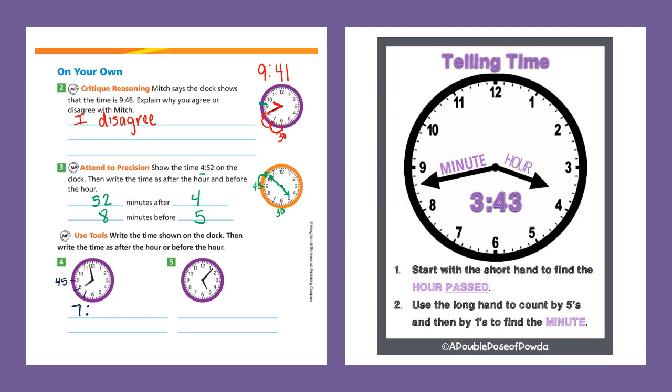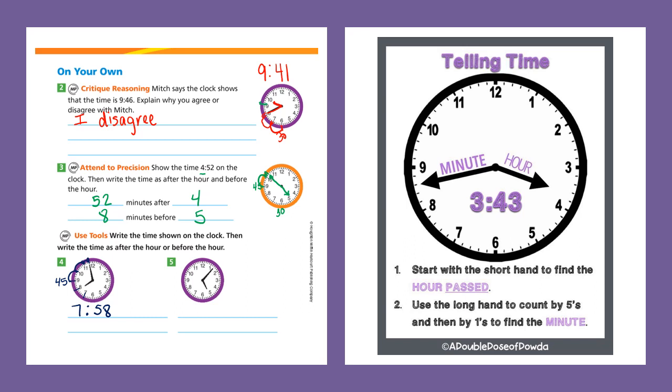So now I can go from here and count on. 45, 50, 55, and now I have to count individual minutes. 56, 57, 58. So the time is 7:58. And you can either say it is 58 minutes after 7, or it's 2 minutes before 8. In 2 minutes, it will be 8 o'clock.